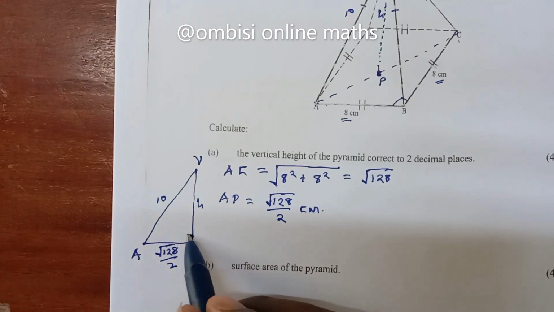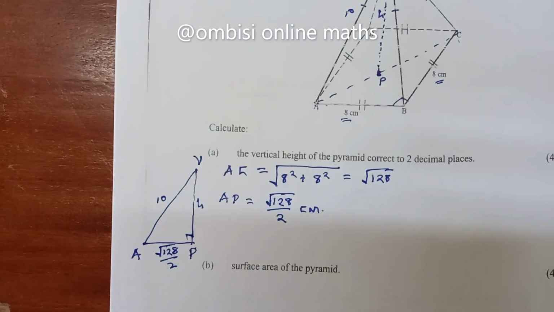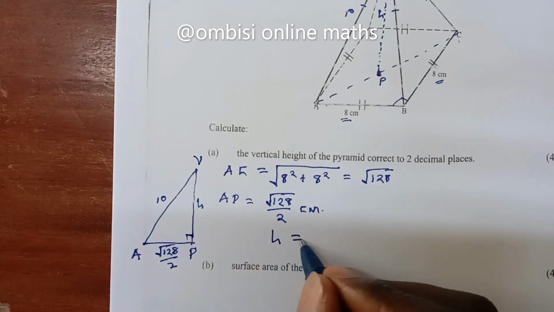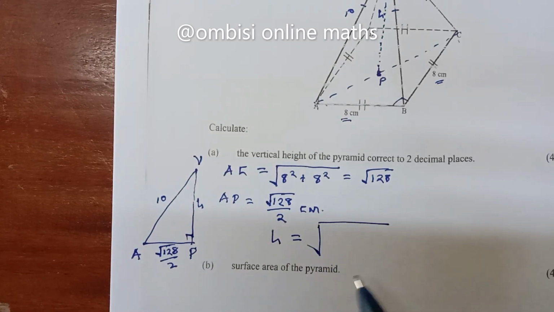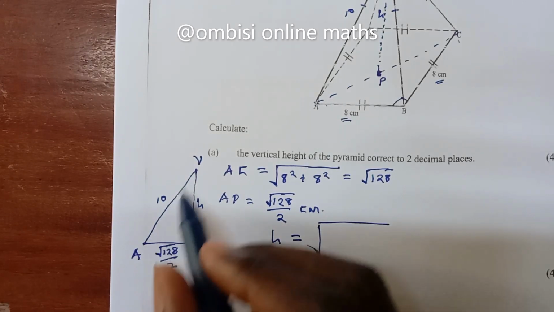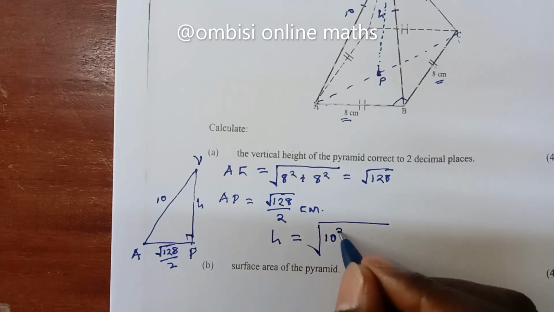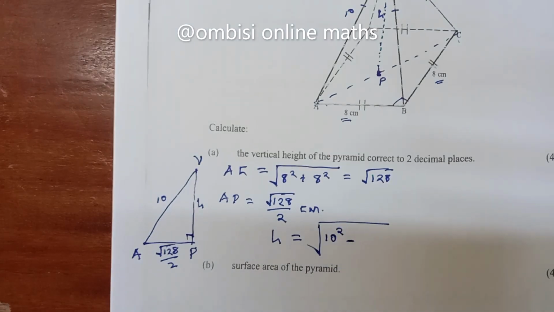Now, still you are going to use Pythagoras theorem, and you find that the height in this particular place is going to be AV squared. So it is 10 squared. From it, you subtract AP squared.